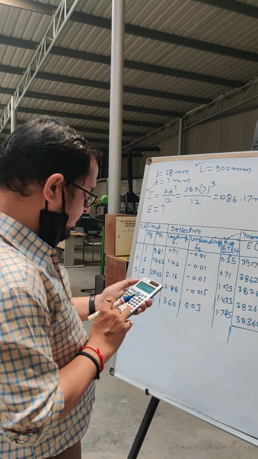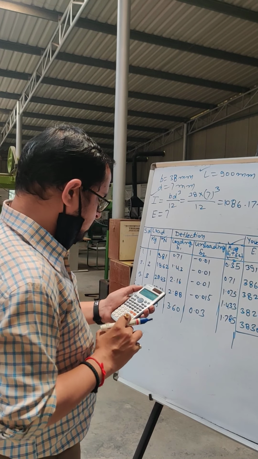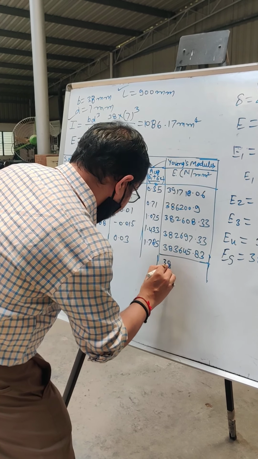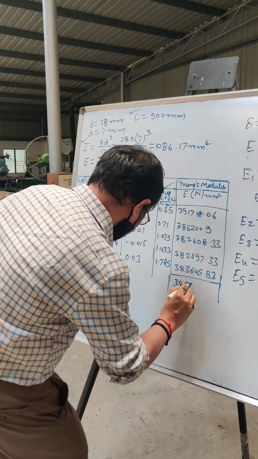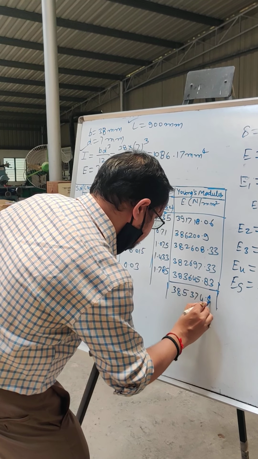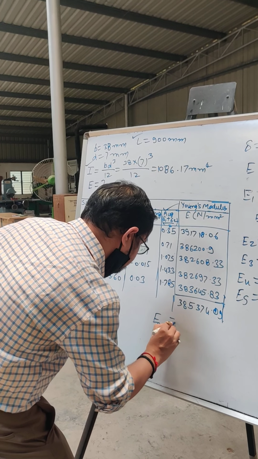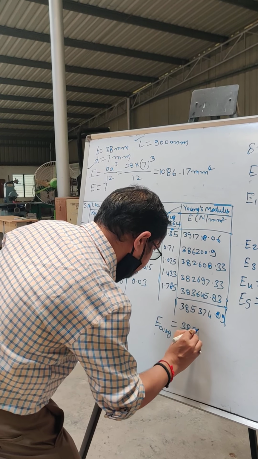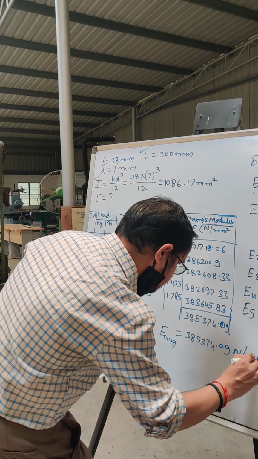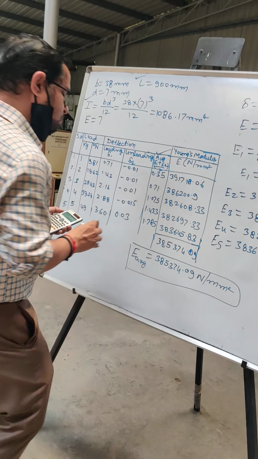So we are getting all values. Answer divided by 5. So the final average value is 385,374.09. So E average is equal to 385,374.09 Newton per mm square. This is the average value of Young's modulus.